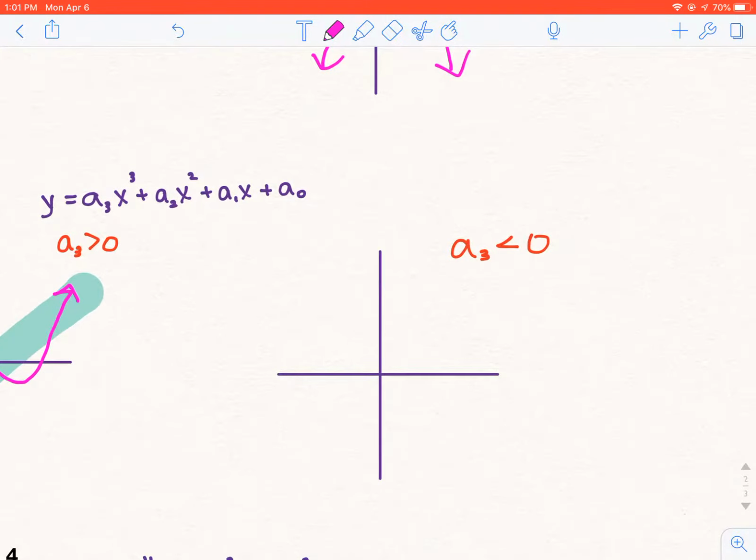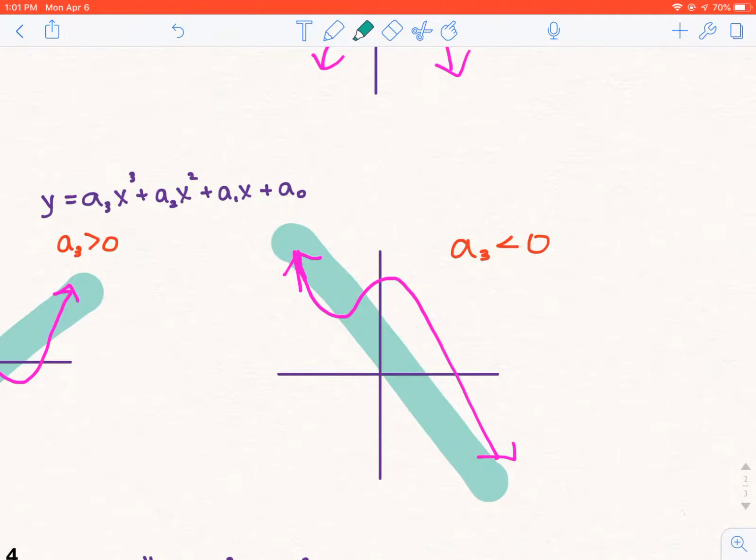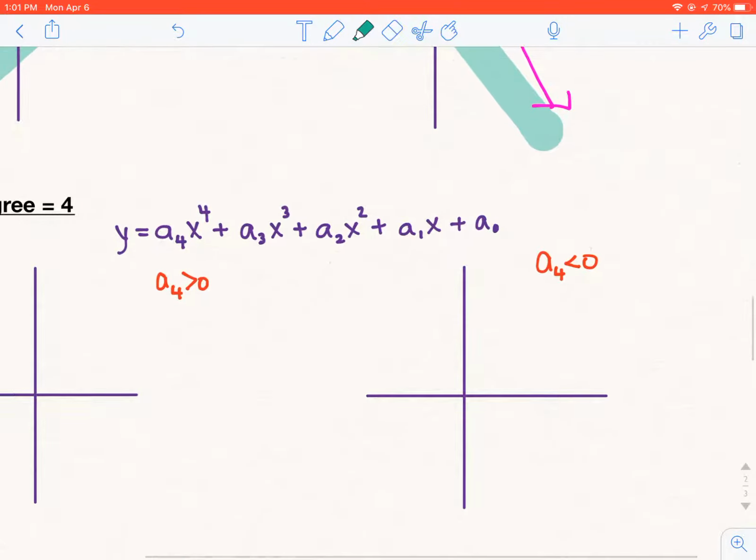And then if my a is negative, it's going to start in the top left corner up in here, and I don't know exactly what it does, but I do know that it's going to end in the bottom right corner. Just like a line with a negative slope would start in the top left corner and end in the bottom right corner. Okay, so kind of think of it as a line. All odd ones are like that, and we'll talk about more of that in the next video.